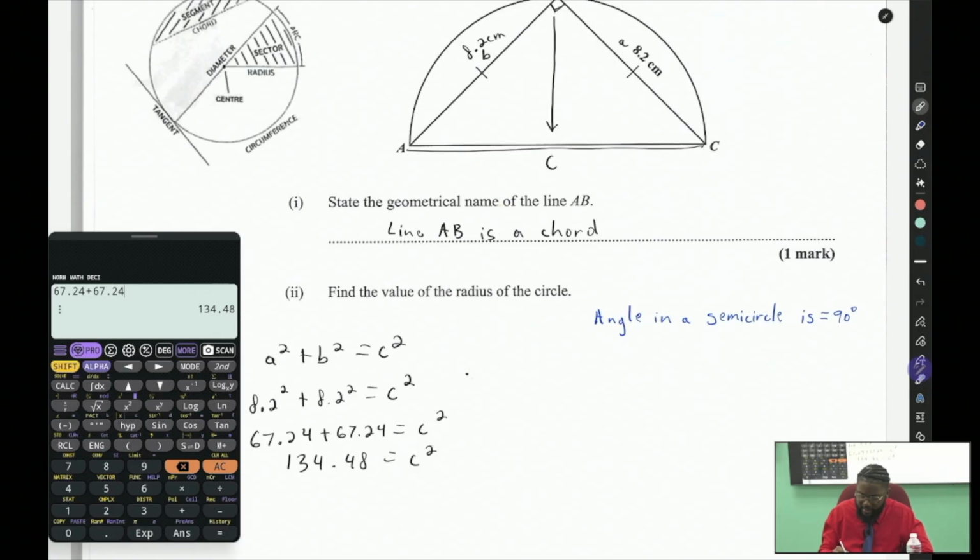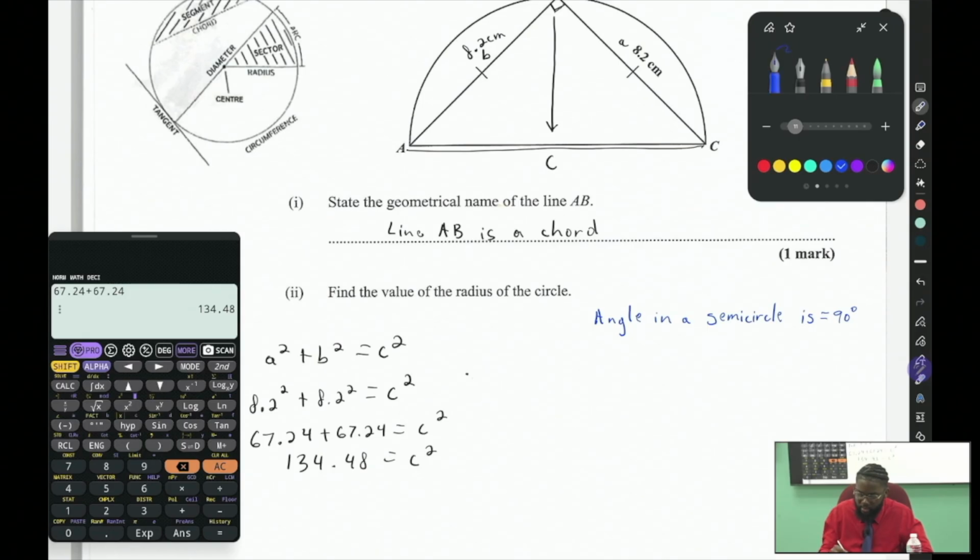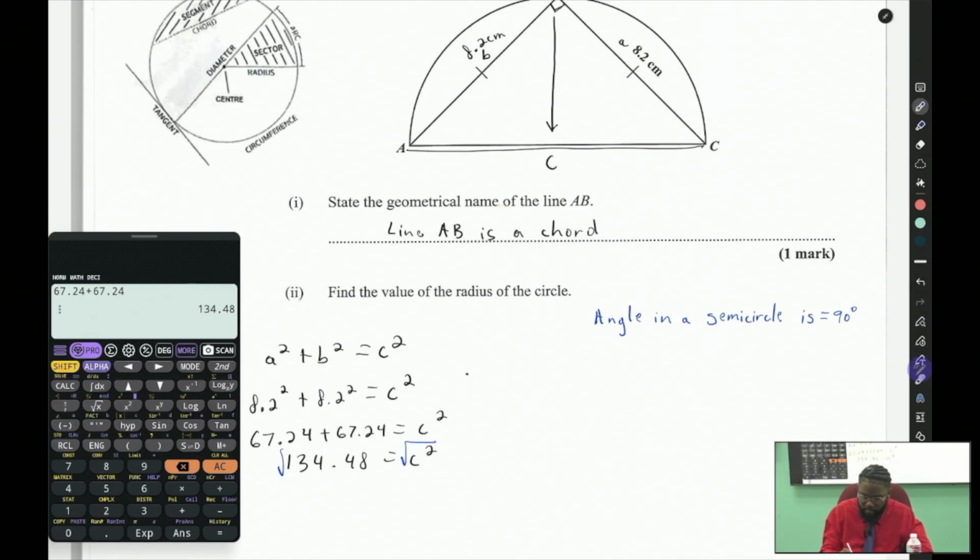So to find c, which is being squared, we have to do the opposite of squared, which is square roots. So we're going to square root both sides. So square rooting both sides will then give us 11.611, and it goes on.